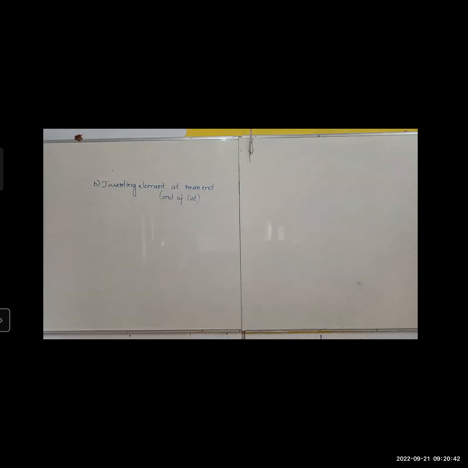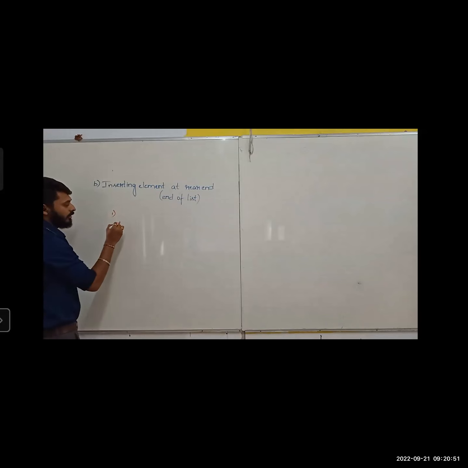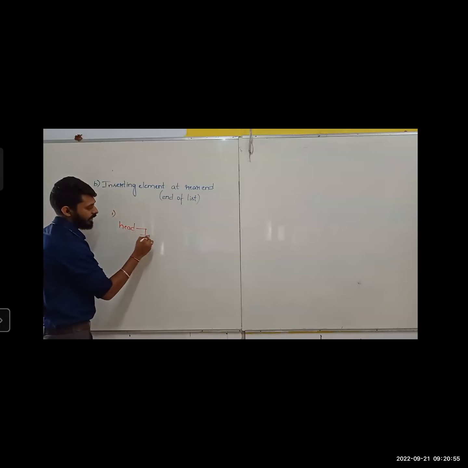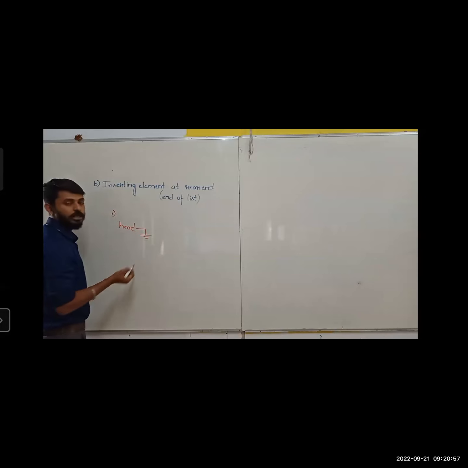Okay. So in this, I may get two cases here. Which are those two cases? Please observe. First case will be: head is there, but head is pointing to null. Null means what? If head is pointing to null, what does it mean? It's empty.